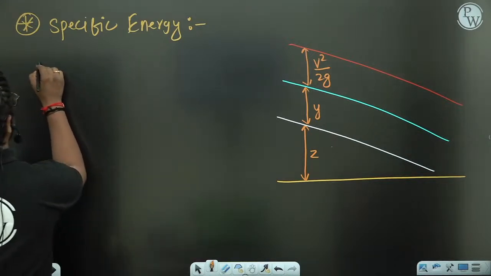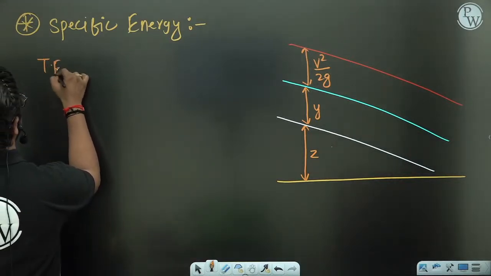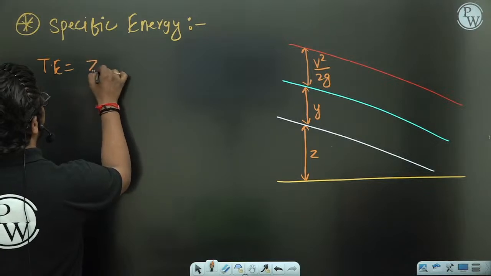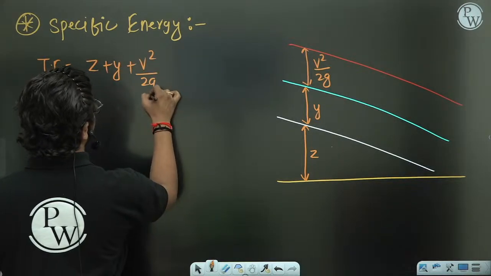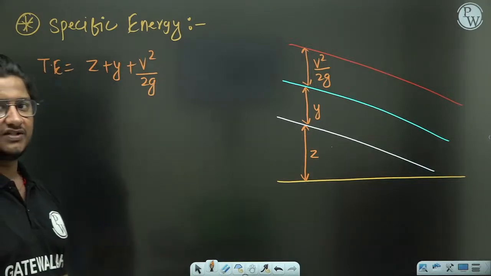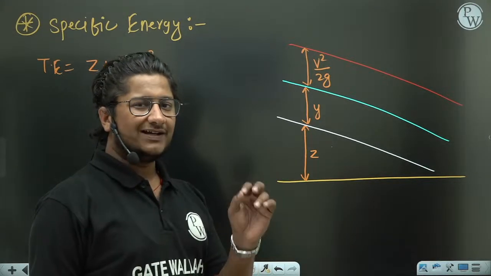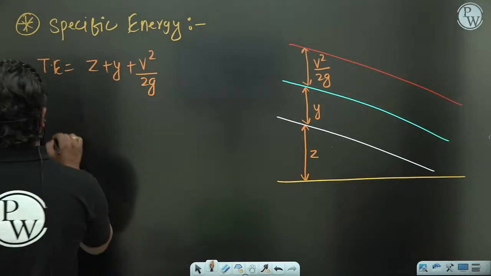So if someone asks you to write the total energy, what will you write? Z plus Y plus V squared upon 2G. This is the total energy. But for the specific energy, you can first write the definition.